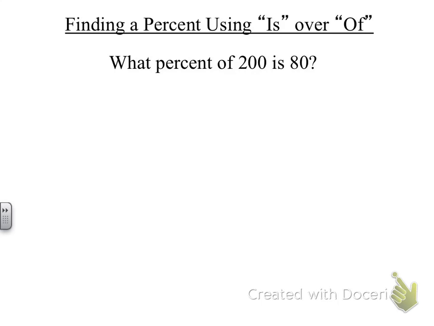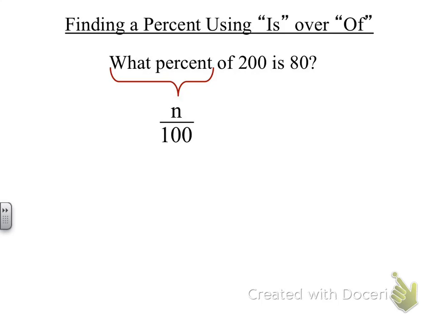What percent of 200 is 80? When we use the is over of method, this is really talking about a part to whole. So when I see what percent, remember we said percent always goes over 100?